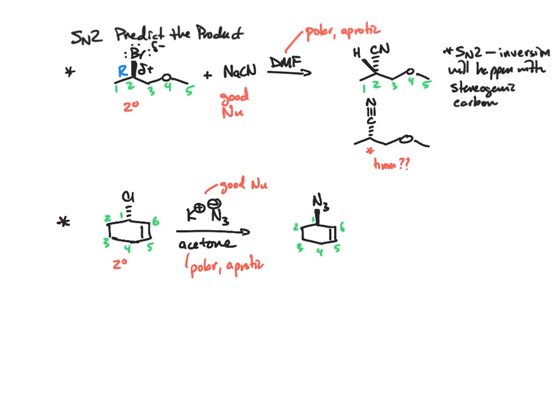So maybe let me ask a more straightforward question about this one. How many unique carbons would this product have? Four. Which 4? 2, 3, and 6 and 5 are the same, and then 1 and 4.